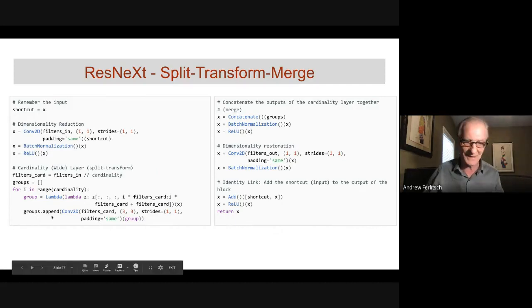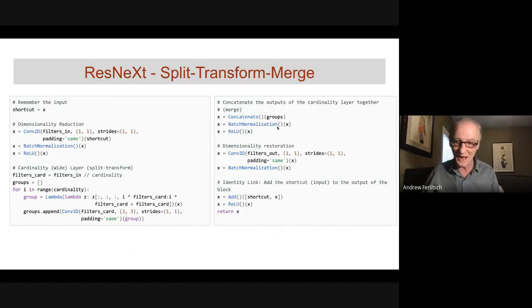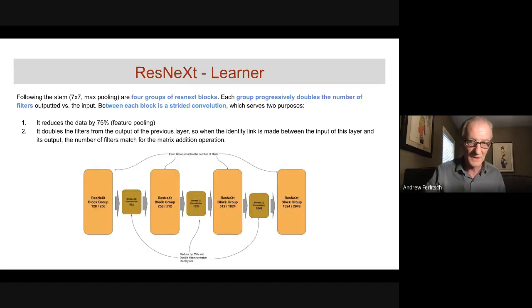That's what this append is about. And then I'm going to concatenate the outputs from all those group convolutions back into one feature map.